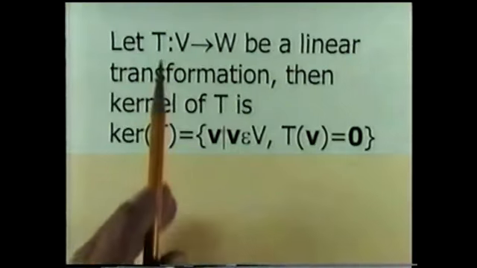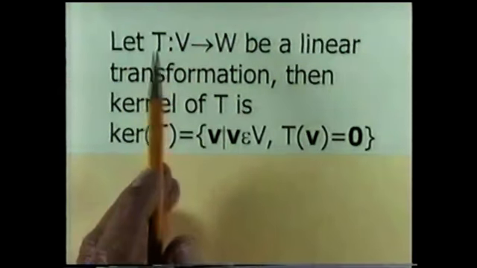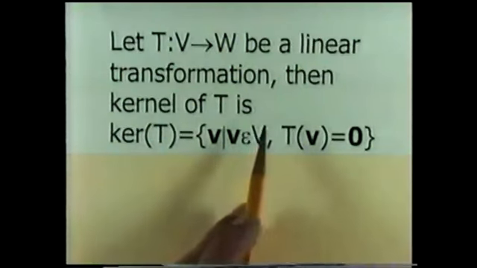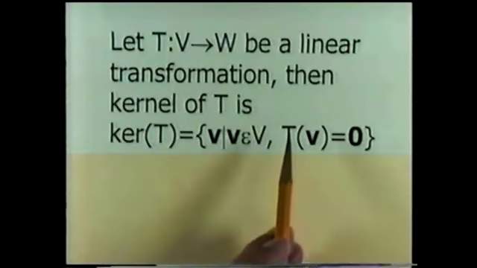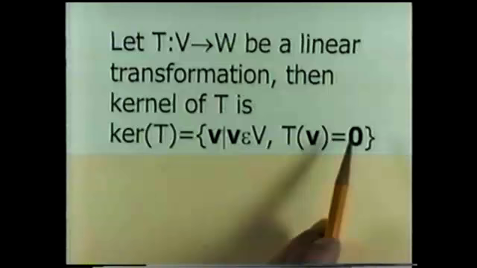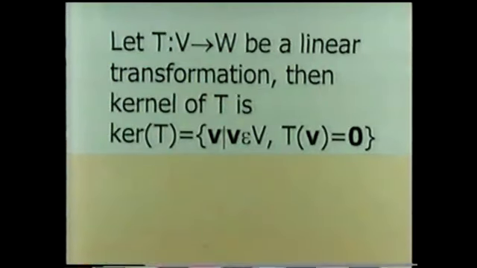So the kernel of the transformation is the set of all vectors in vector space V so that T maps vector v onto the 0 vector.